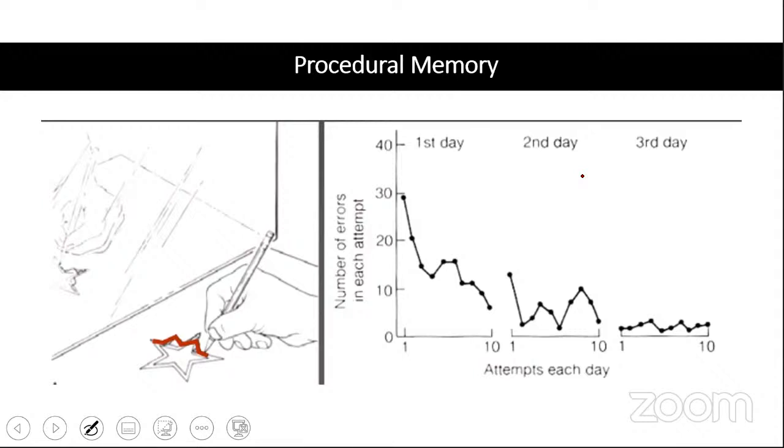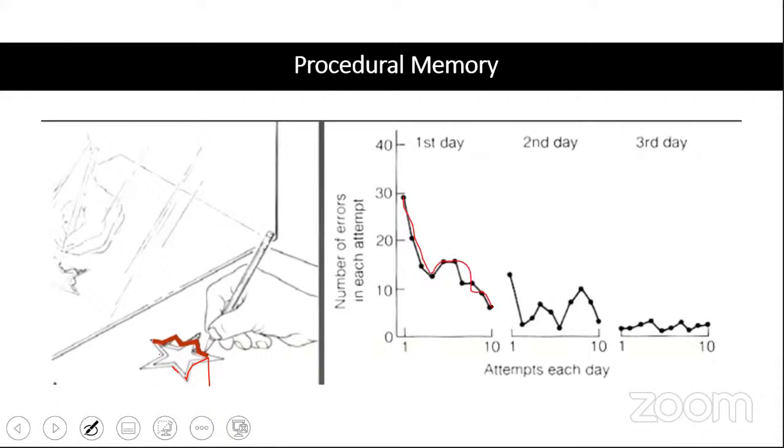So if an individual is asked to look at the mirror and a star has to be drawn like this, it's a very difficult task. He has to look into the mirror and draw on paper this. He doesn't know. You make him do this repeatedly. On the first day there will be a lot of difficulty in performing these tasks.